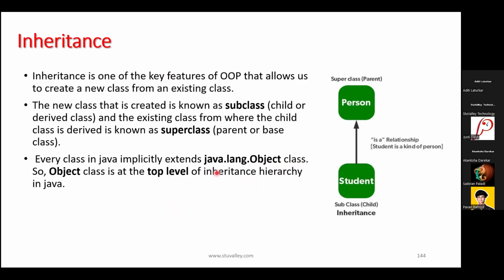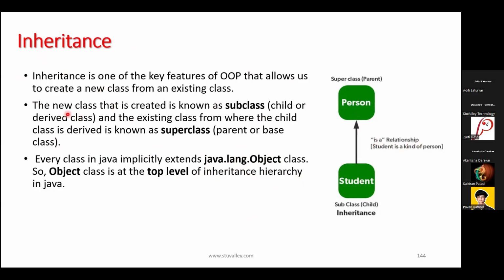So it is a top level inheritance hierarchy in Java. Object class is at the top level of the inheritance hierarchy in Java. So inheritance is there since the start. ऑब्जेक्ट क्लास के थ्रू ही आपके सब कुछ सारे क्लासेस डिफाइन होते हैं. That is why everything is dependent on inheritance in Java. ठीक है. So compulsorily remember that inheritance is always an is-a relationship. Object class is the top level hierarchy class है.